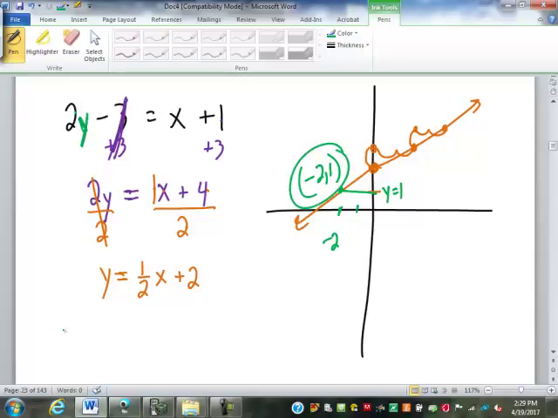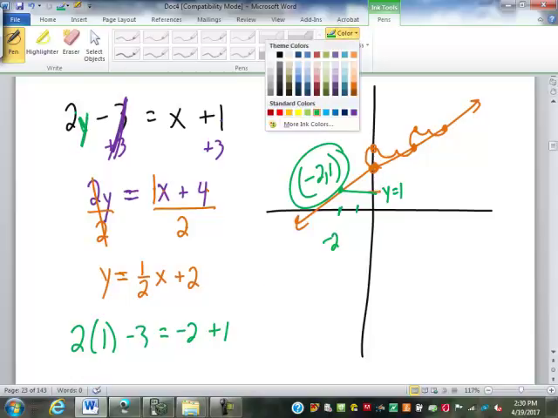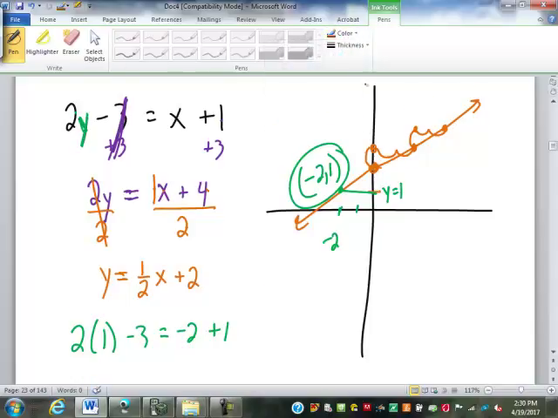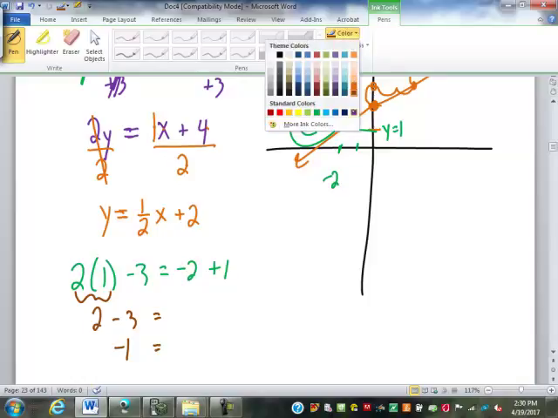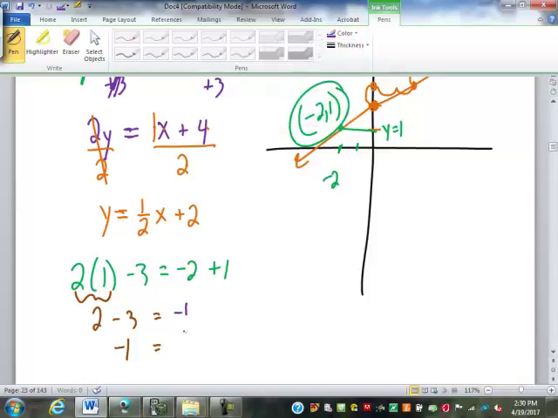If I plug it in, y equals 1, x equals negative 2. Well, here 2 times 1 is 2. 2 minus 3 is negative 1. On the right side, negative 2 plus 1 is negative 1. So that makes that equation true. And every point on that line makes that equation true. Every point is a solution to the equation.